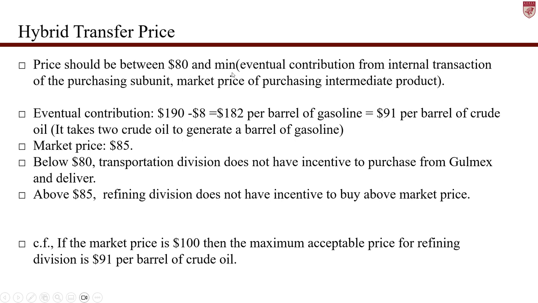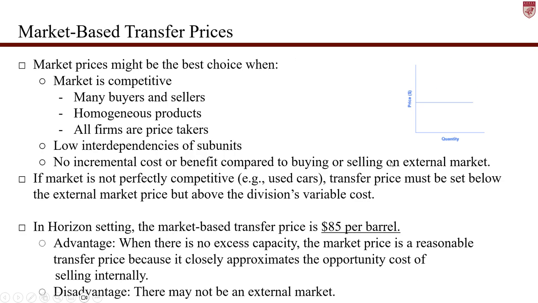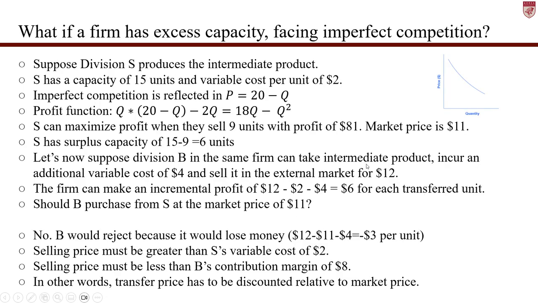And then the maximum price comes from the purchasing subunit. And actually, it looks a little bit trickier. But this is what we have talked about in this scenario right here. Here we talked about a setting where the capacity is unused and the competition is imperfect. And here we said that the market price is not always the right transfer price.